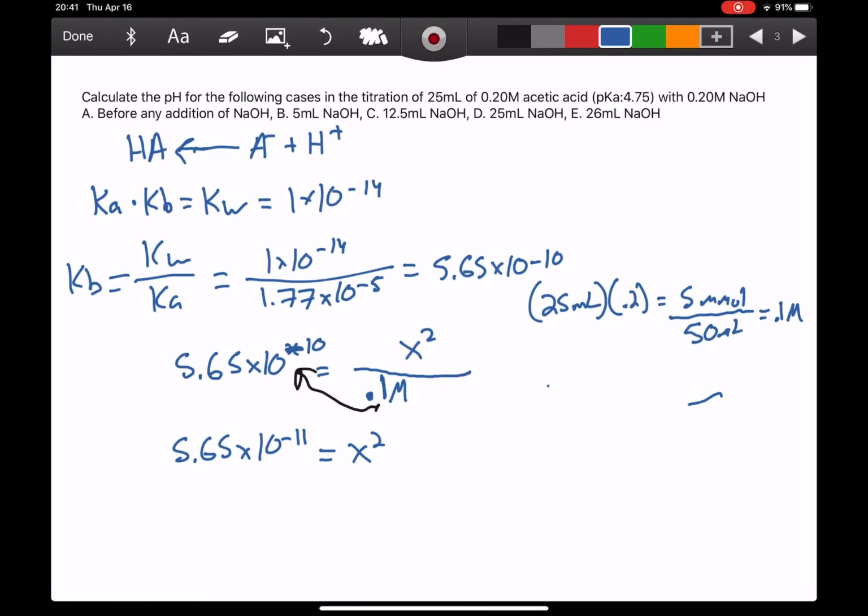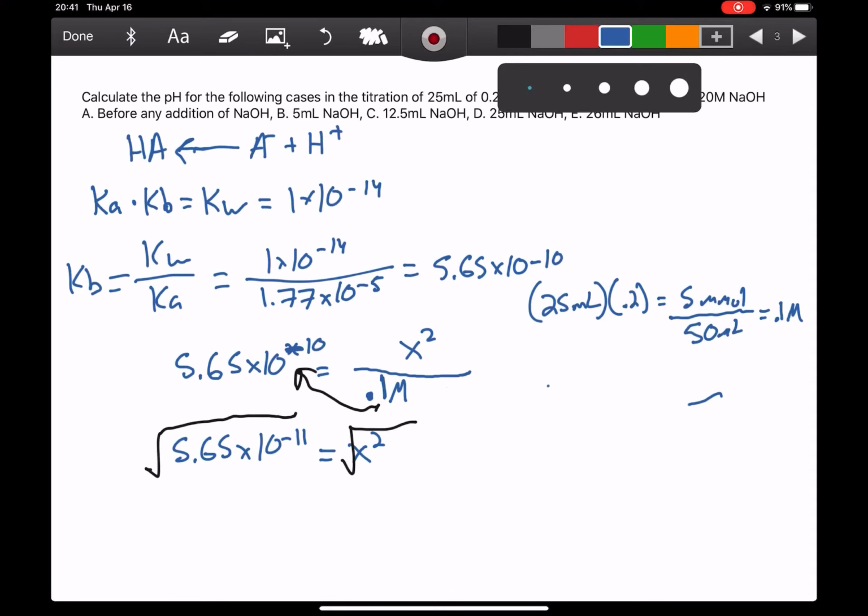And now we can take the square root of both sides, and that gives us the concentration of OH.